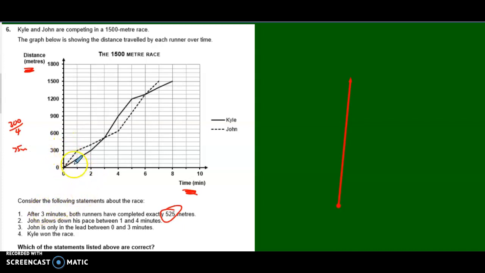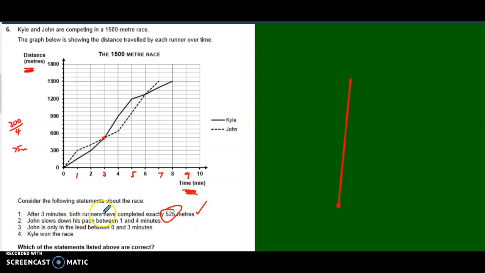After 3 minutes, which is here, both runners have completed 525 meters. 375 plus another 75 is 450. Yes, this is true, so that's 525. Let's put a check mark.